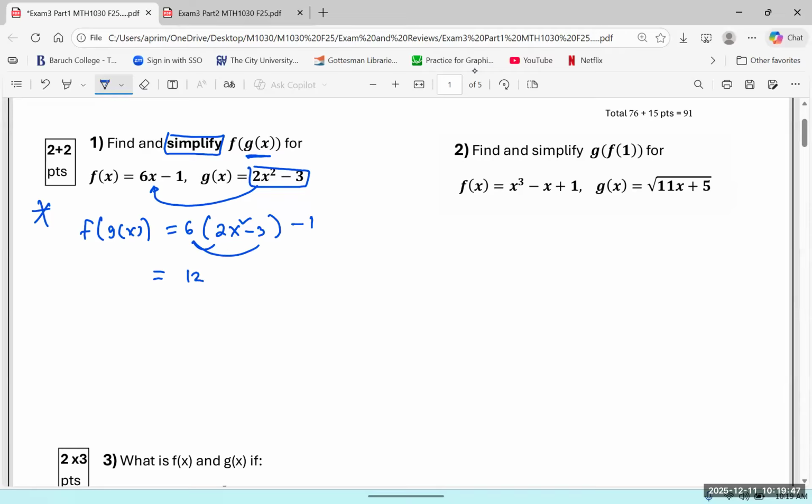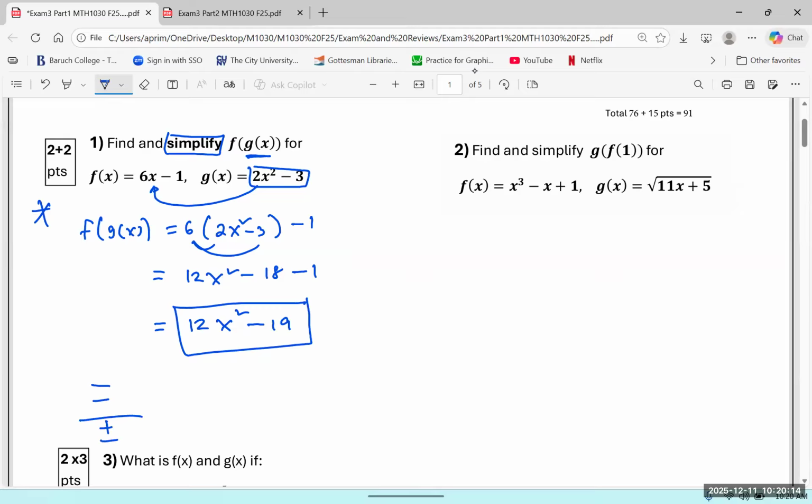So you get 12x squared minus 18 minus 1. And then most people got wrong here is they thought minus 18 minus 1 is minus 17. But in reality, what is minus 18 minus 1? Minus 19. So be careful. When you have same sign, you actually add the numbers but keeping the sign.